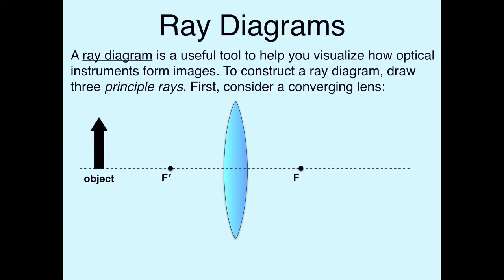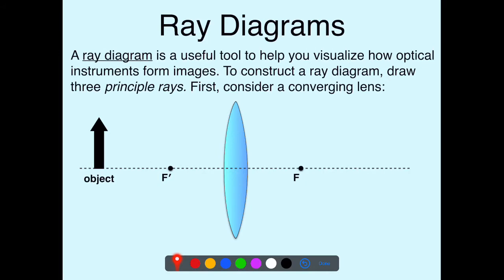Okay, the idea is we're going to take the object, and specifically the tip of the arrow, and we're going to see how a ray which goes from the tip of the arrow through the lens travels after going through the lens. Then we'll do it again for a different ray, and then a third time for another ray.